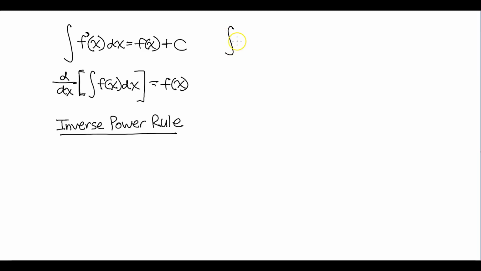The inverse power rule states that the integral of x to the n dx is equal to x to the n plus 1 over n plus 1, plus c, where n is not equal to negative 1. We'll cover the case where n equals negative 1 a bit later, okay? But know that this is the power rule for integration, the inverse power rule.